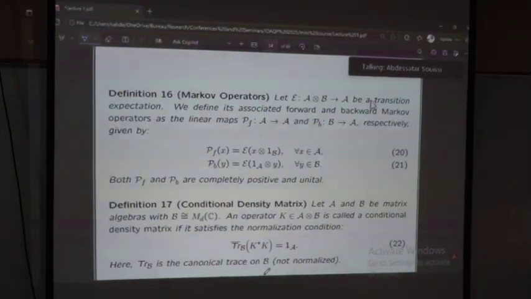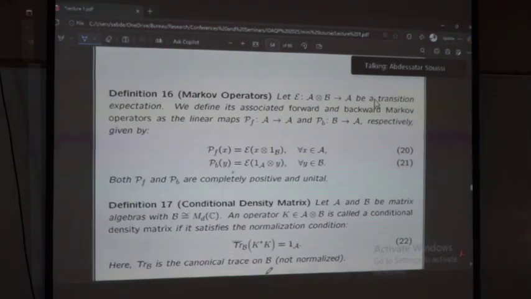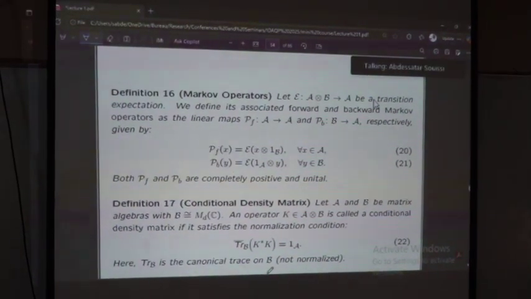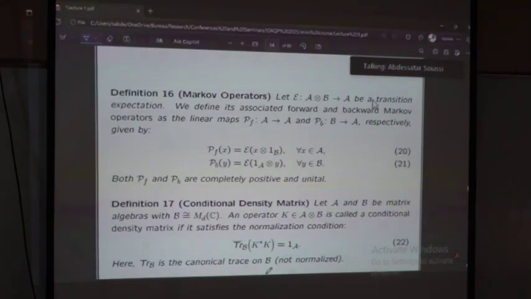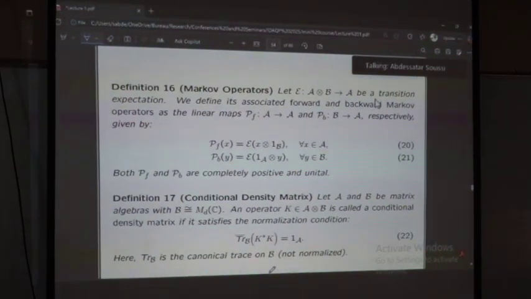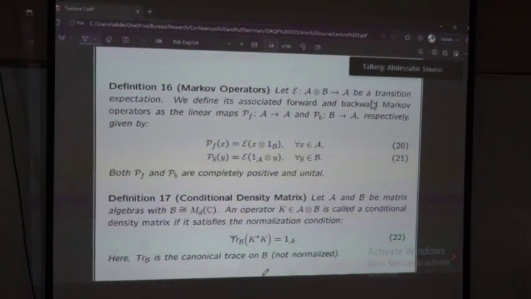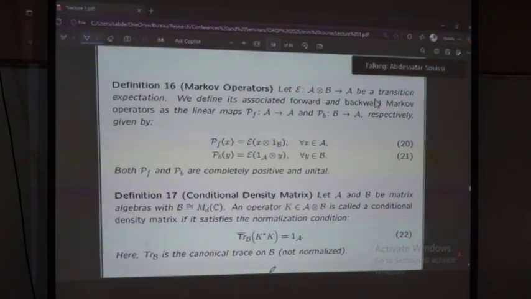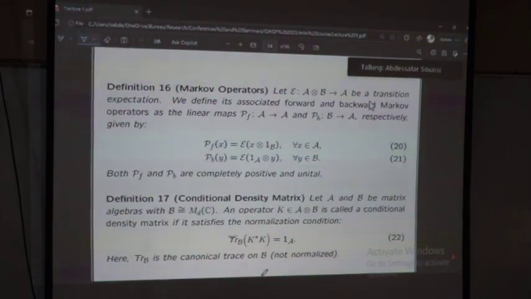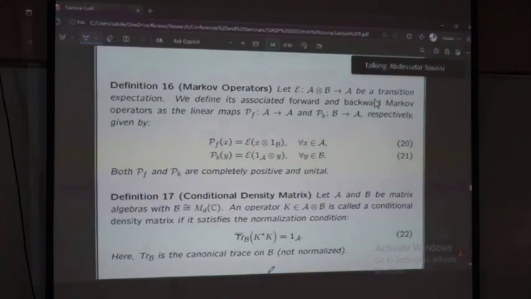The forward one is defined to be E of x tensor 1 on the second component, and the backward one is E of 1 tensor x. These are macro operators that are literally derived from E.